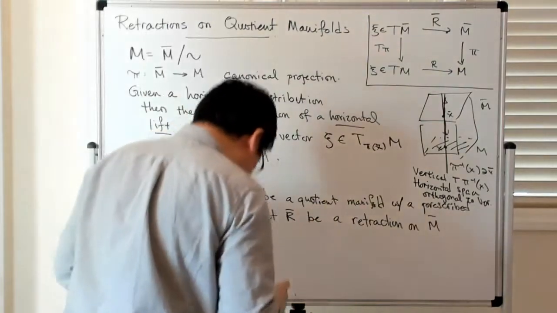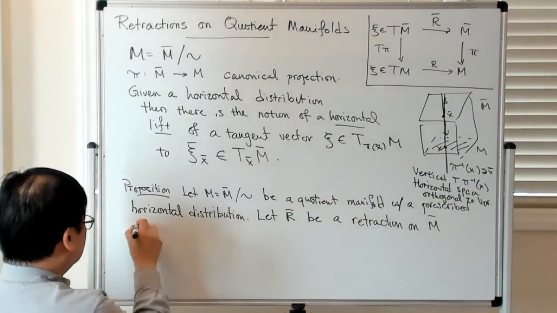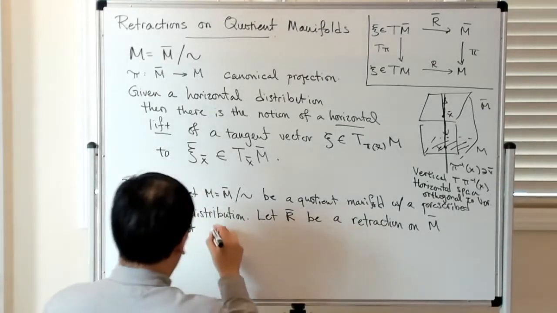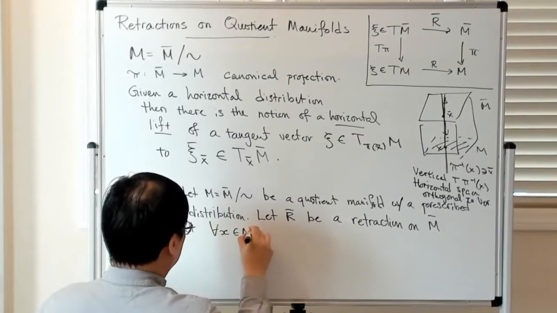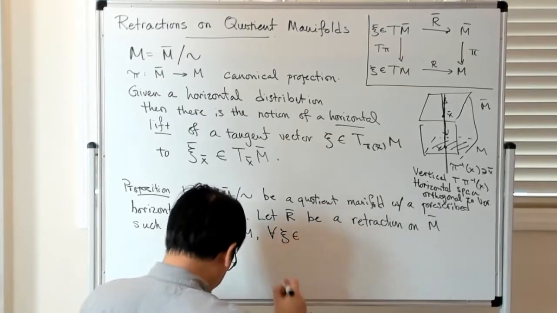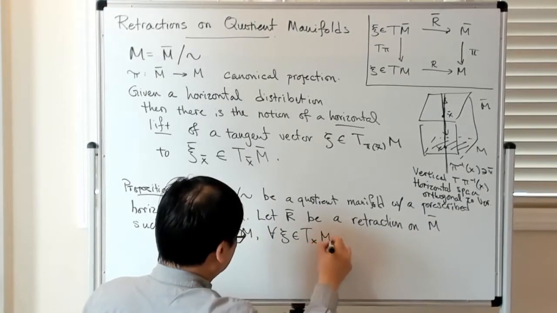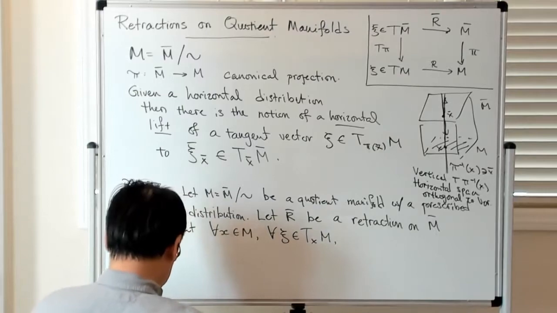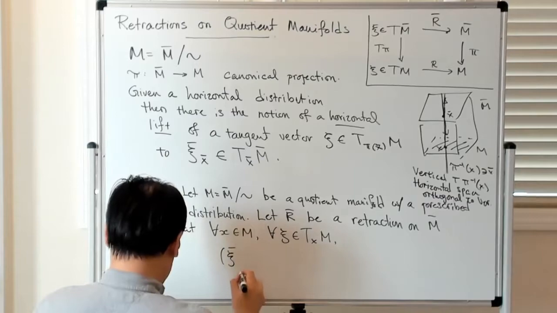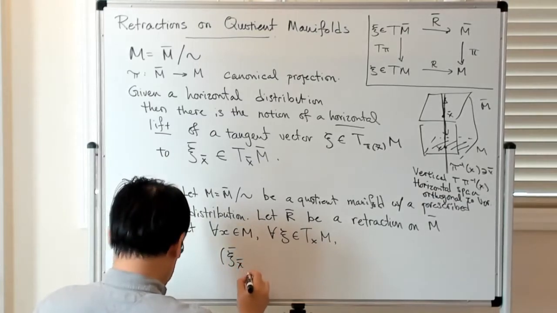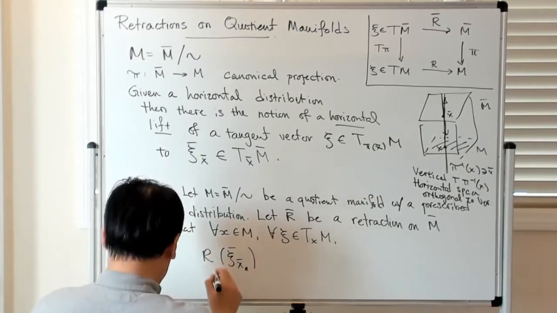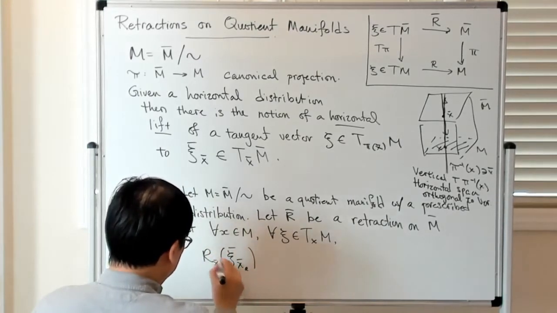R bar is a retraction on M bar such that for all x on the manifold M and all tangent vectors at this point, we have the property that if you look at the horizontal lift of this, there's an independence condition, so that there's an invariance property.